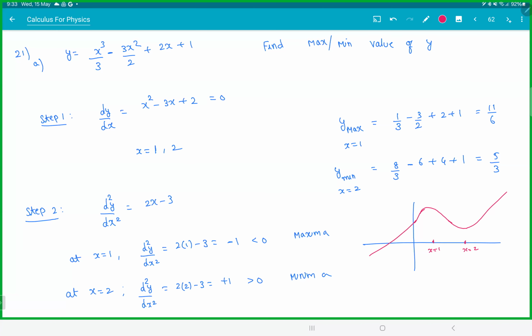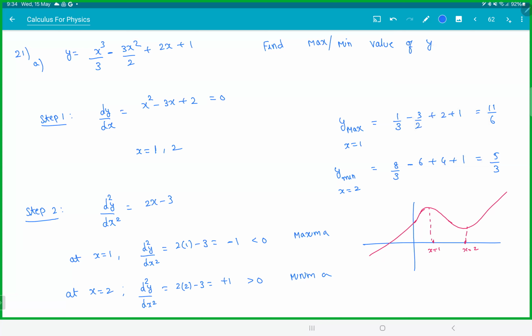I won't say this is the exact graph, but something like this. So there's a maxima and there's a minima. These are just random. You can only talk about the peaks and values. Clear with this? Understood? So if you have a cubic function, this is what you do.